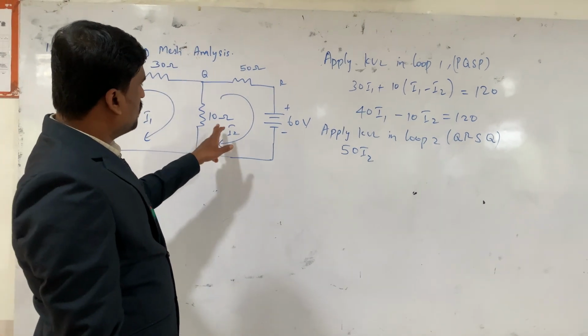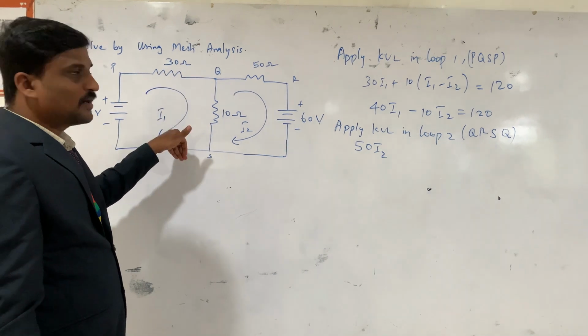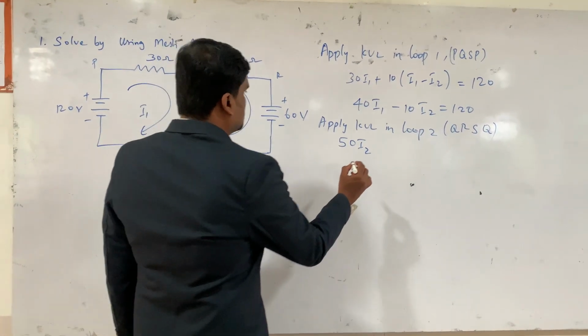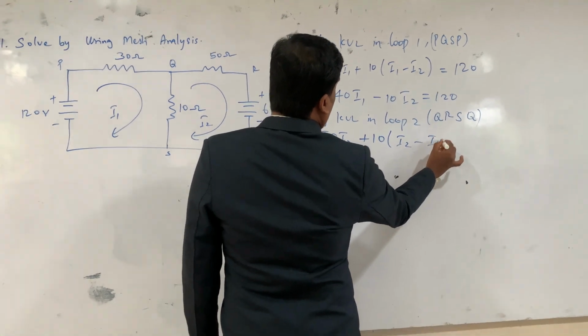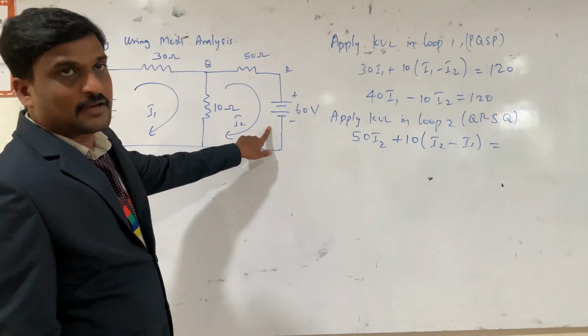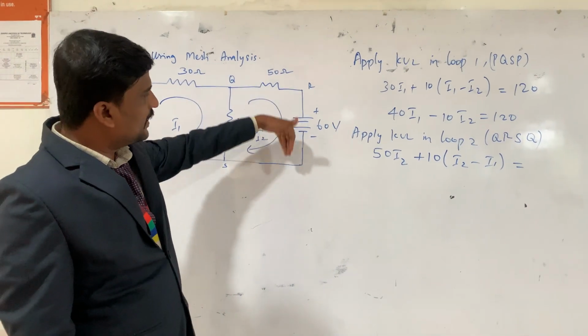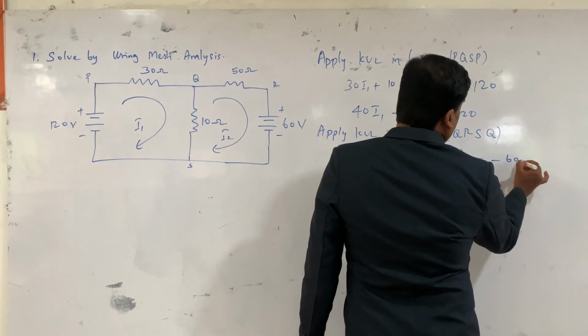Through this 10 ohm the current I2 flows from down to upward and I1 flows from up to downward. So here it is plus 10 into I2 minus I1, equal to the voltage here. The direction of current entering is to minus, so it is minus 60.